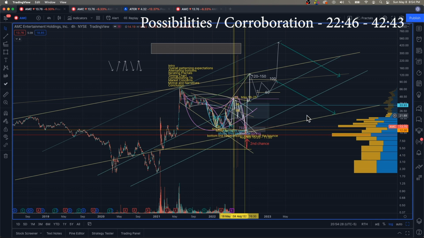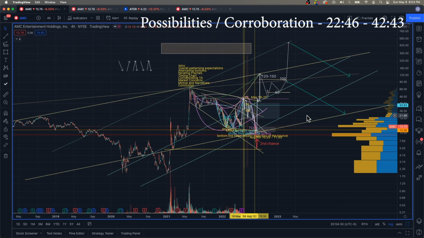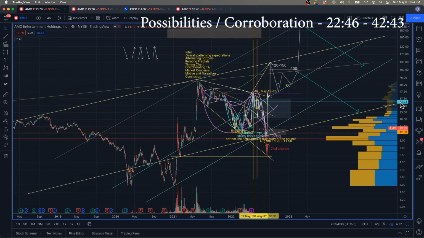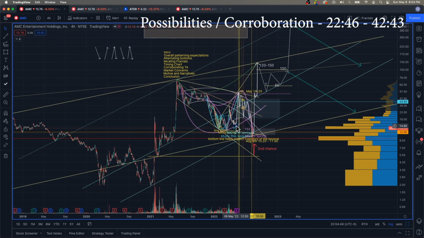Let me get rid of these ones. Okay. And how spooky that is, right? That there happens to be all of this really tightly knit trend work going on with this sequence that I pulled out of this tiny little area here, and it's based on a lot of other things. It's not like I pulled it out of thin air.